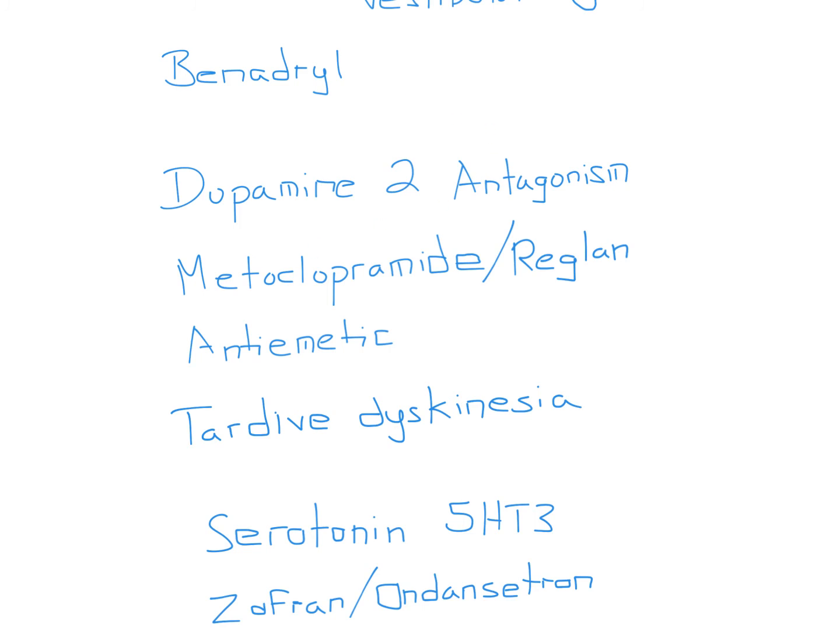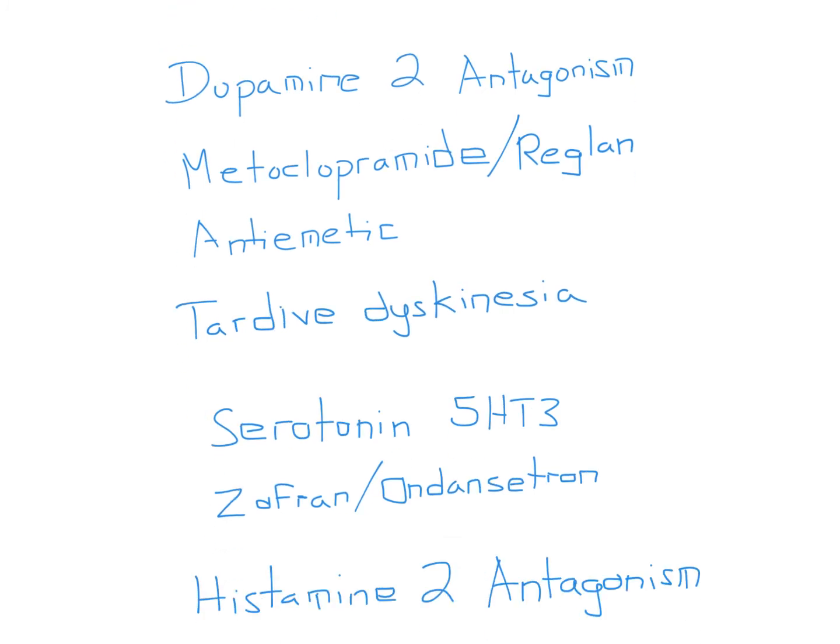If you have antagonism of the receptors, eventually you're going to get an increase in those receptors because you're starving them of their ligand. If you stop it, you become hypersensitive to dopamine and you end up with these different movement disorders.